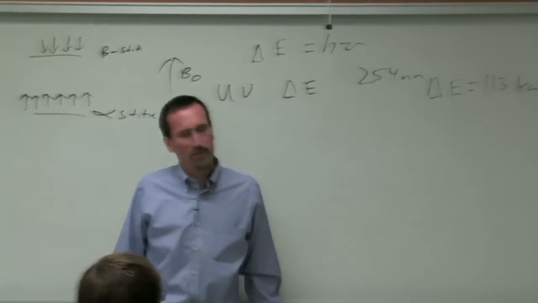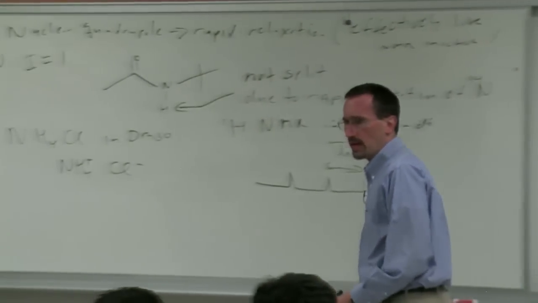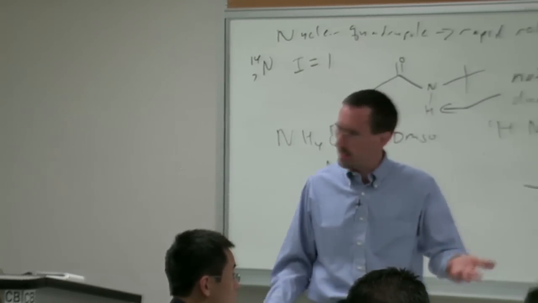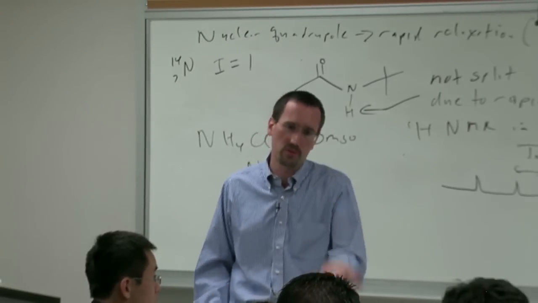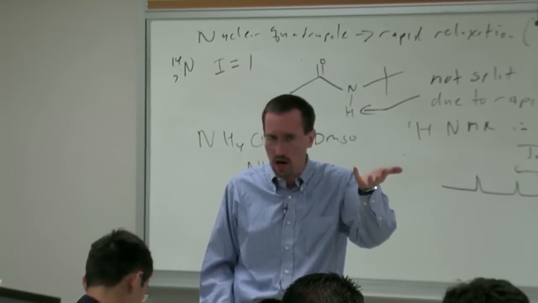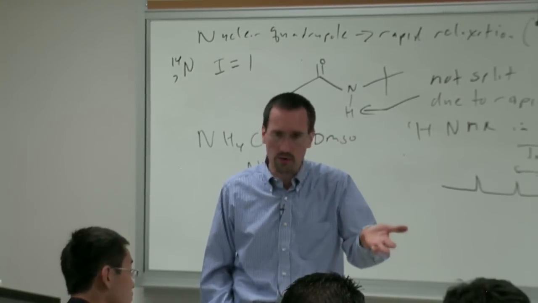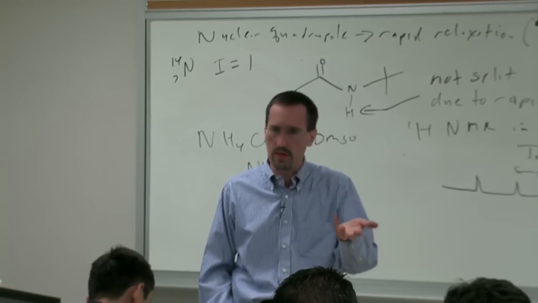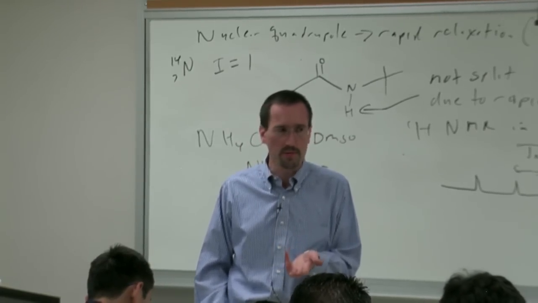And then you stop and you think like an organic chemist and say, OK, wait, what's 113 kilocalories per mole? What's the difference between a pi and a pi star? It's a little stronger than the strength of a carbon-carbon single bond, a little stronger than the strength of a carbon-hydrogen bond.